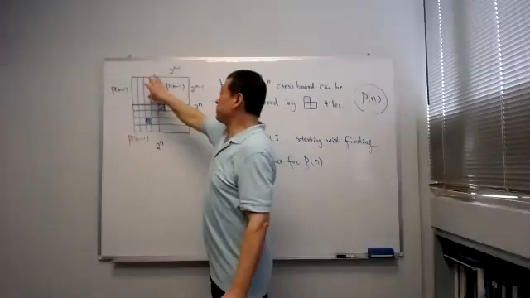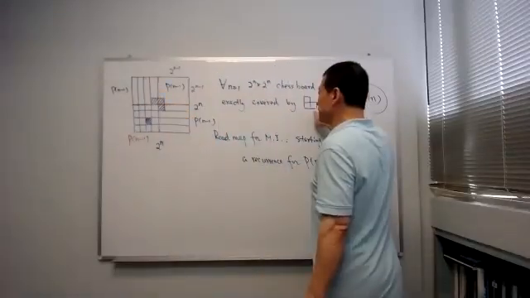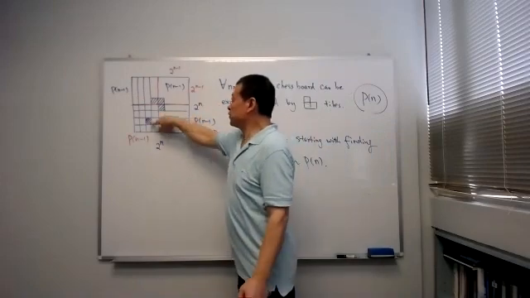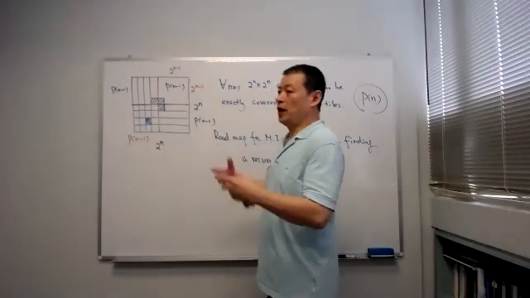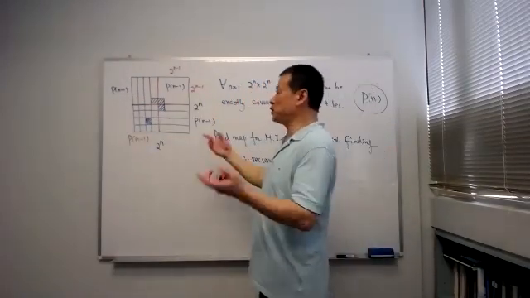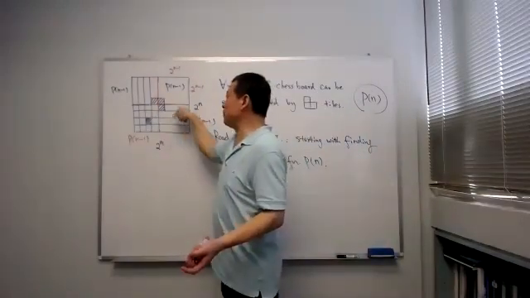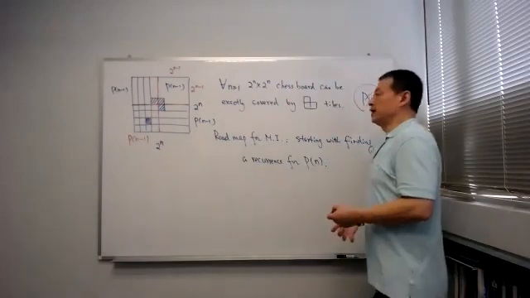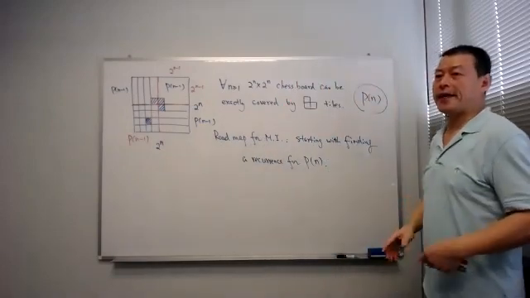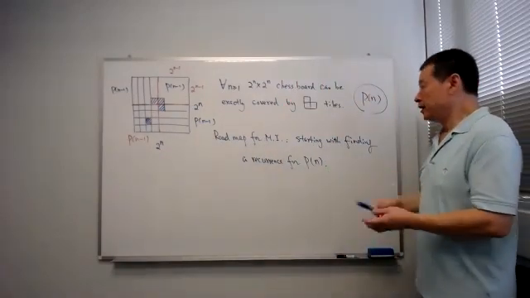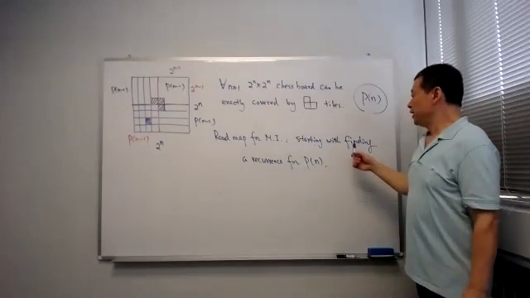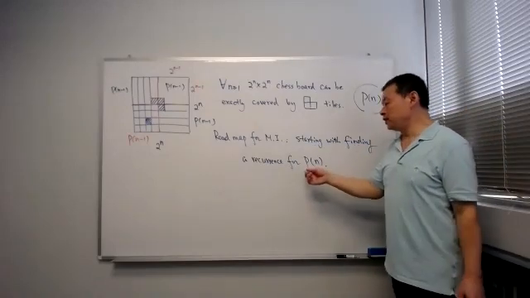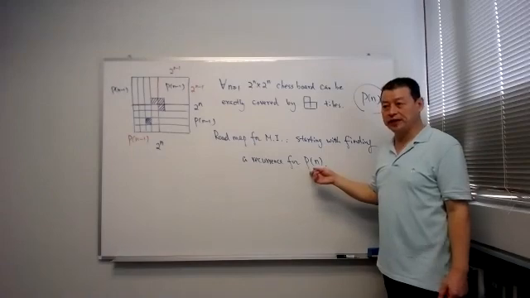So this piece can be entirely tiled, and so are these 3. The whole strategy is to use the strategy for these 4 pieces together with this one, so we can fully cover the whole board. You see how it works. The main point is to start with the recurrence relation, find the recurrence relation first.